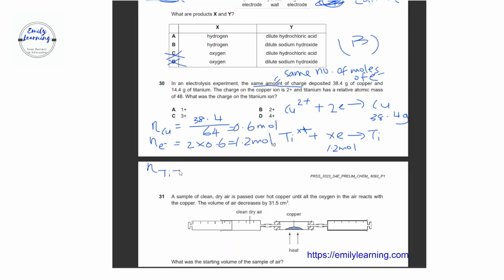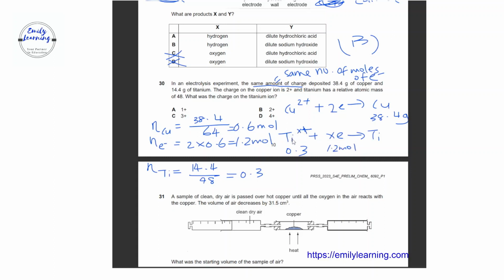So let me find the number of moles of titanium by taking the mass, 14.4 grams, divided by the relative atomic mass, which is 48. So 14.4 divided by 48 gives me 0.3. So 0.3 moles of titanium will react with 1.2 moles of electrons.